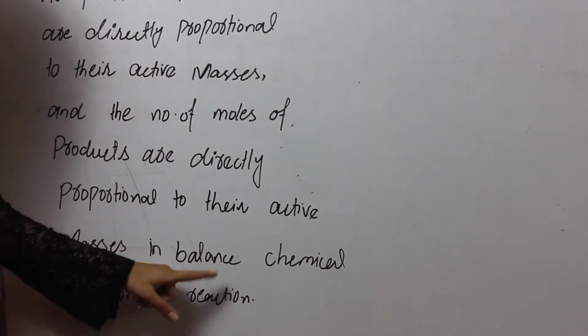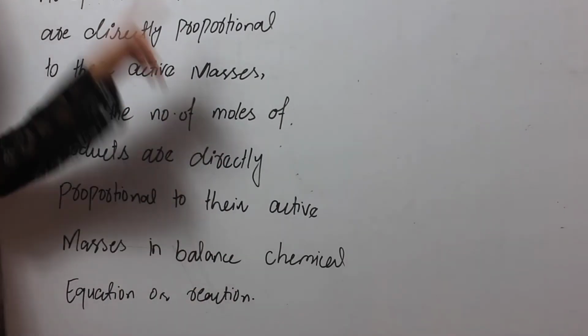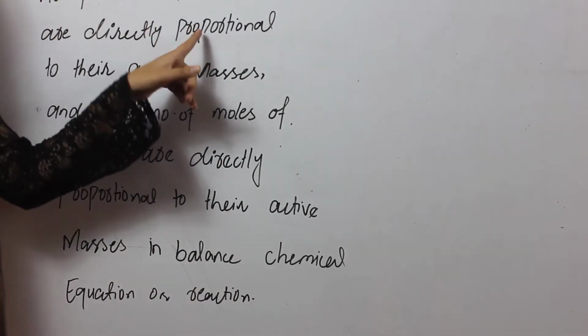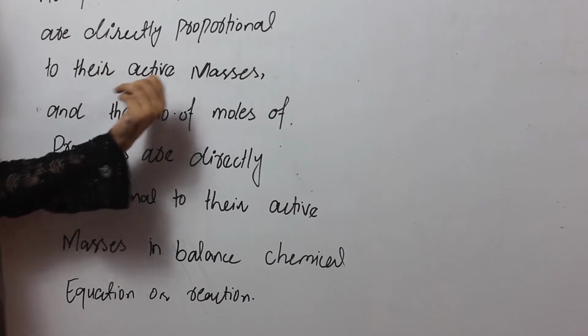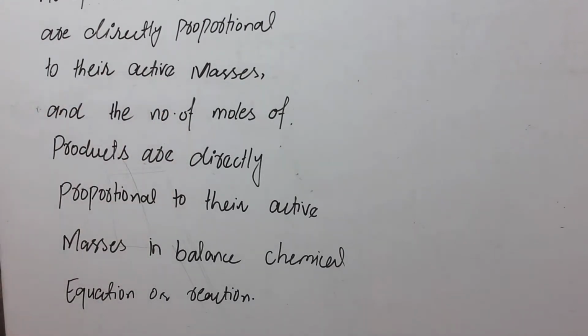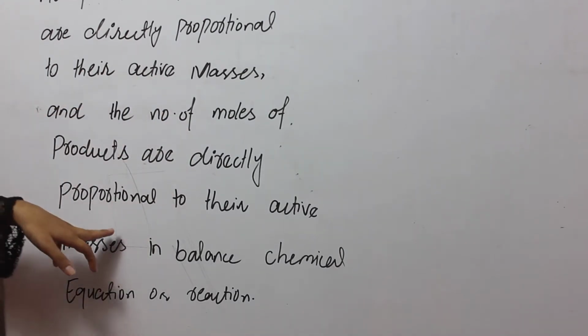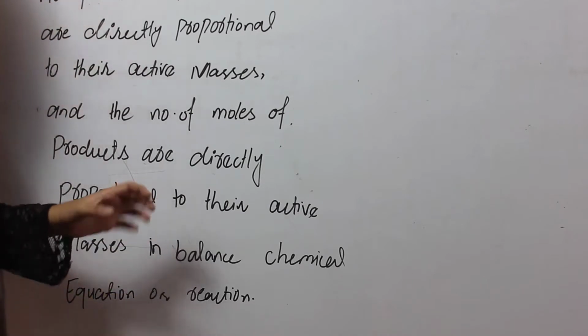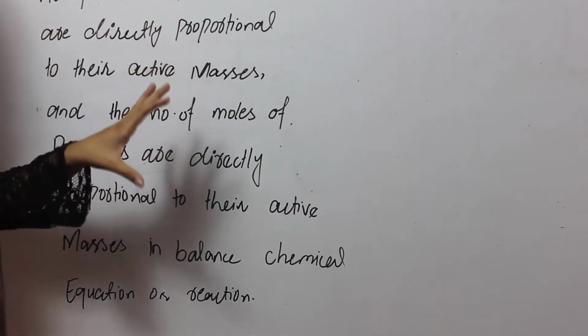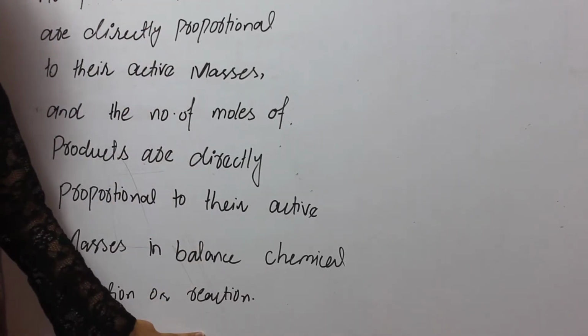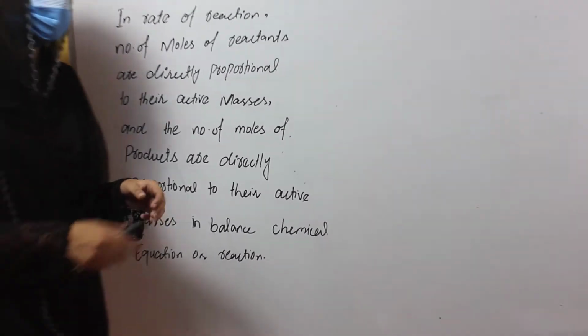In a balanced chemical equation, the number of moles of the reactants are directly proportional to their active masses and the number of moles of the products are directly proportional to their active masses. Okay, now we are going to start the derivation.